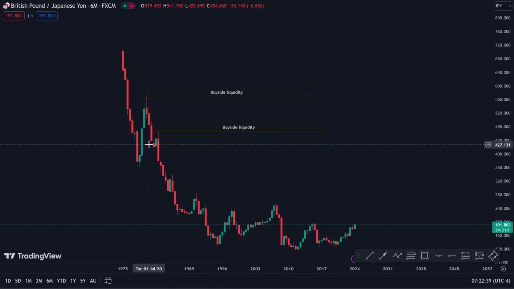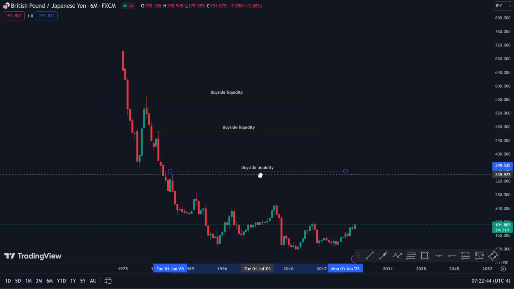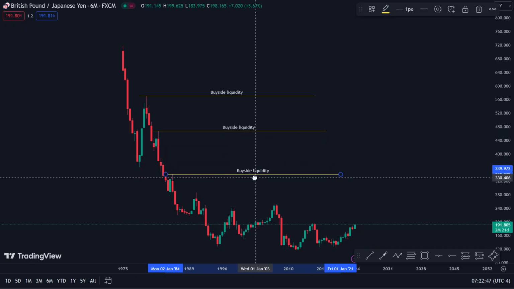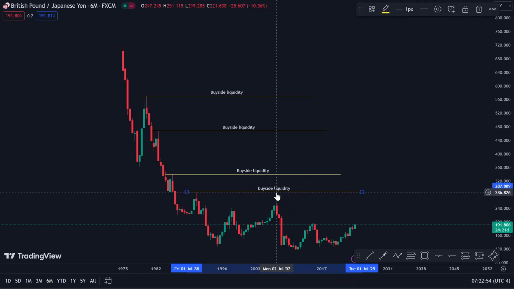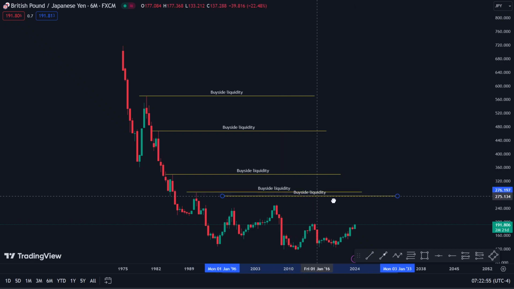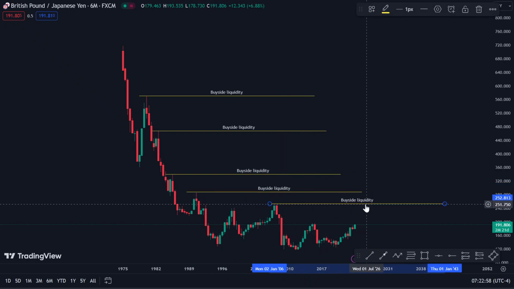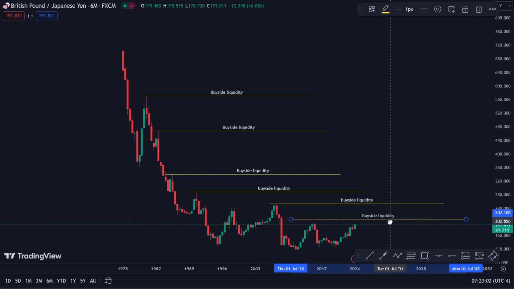And we have another swing high over here, and we also have a swing high over here, and we also have a swing high over here. We have a swing high over here, and eventually we have a swing high over here.